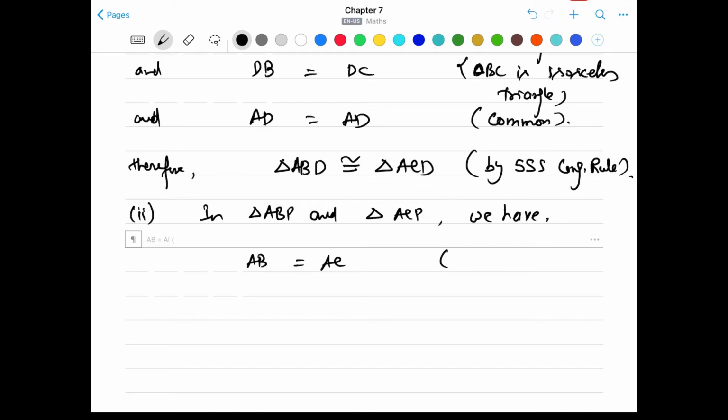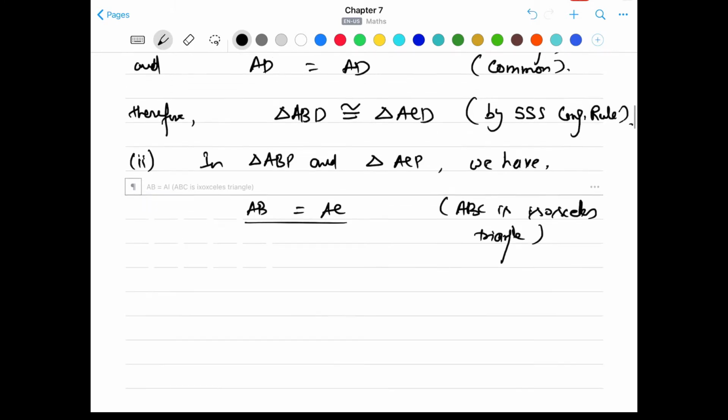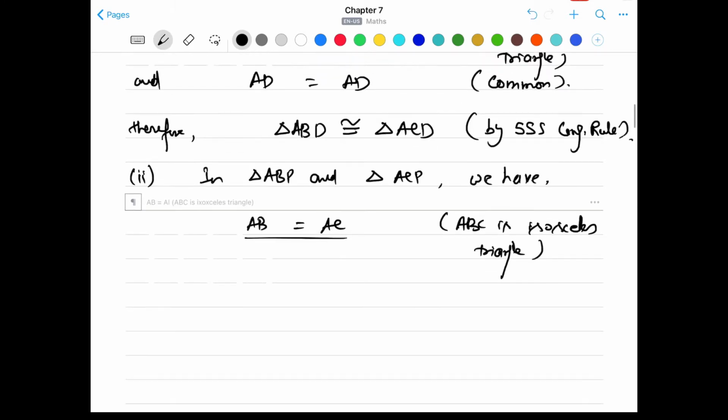Again, triangle ABC is an isosceles triangle. You have to write the reason for everything that you write, in brackets in front of it. So we have written that AB equals AC, and the reason for that is ABC is an isosceles triangle.